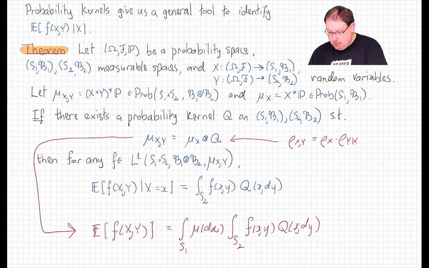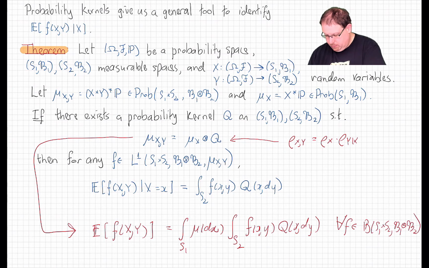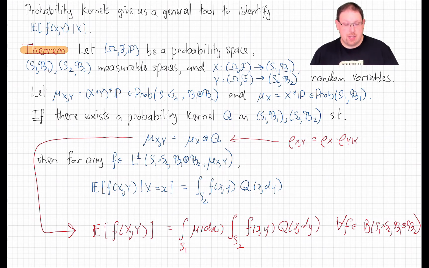Now that is defined usually for functions f that are bounded. But we saw last time that it actually extends all the way to L1 of the appropriate measure. We're going to prove this theorem now.